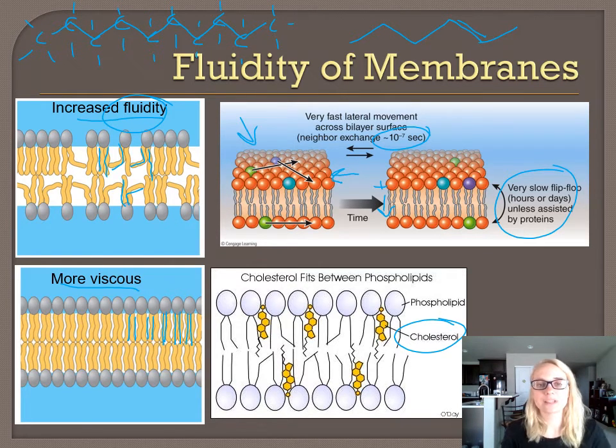So the more cholesterol you put into a membrane, and it's lipid soluble, so it's going to hang out with those fatty acid tails, that cholesterol will make the membrane more rigid. The less cholesterol, the more flexible and more fluid it will be. So again, just like changing the kinks, straight or kinky lipid tails, the cell can regulate how much cholesterol goes into or out of those fatty acids.